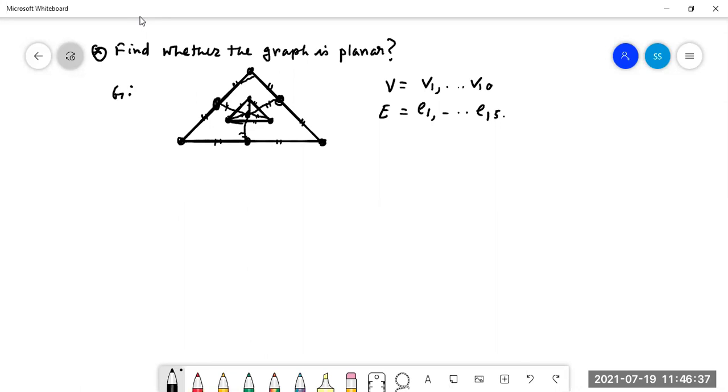Now we have to show whether the given graph is planar or not. So we shall check it.